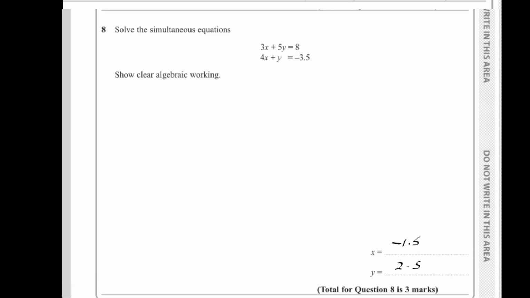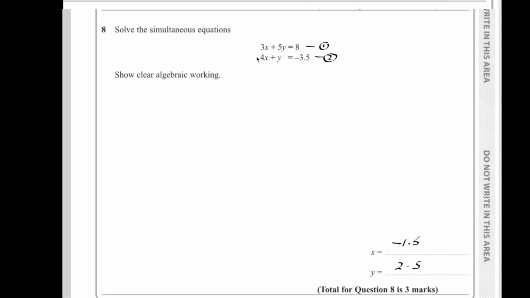First thing, label the equations as equation 1 and equation 2. Let's see the coefficient of x here. Can you see they are different? In this equation the number in front of x is 3, and in the other equation the number in front of x is 4.